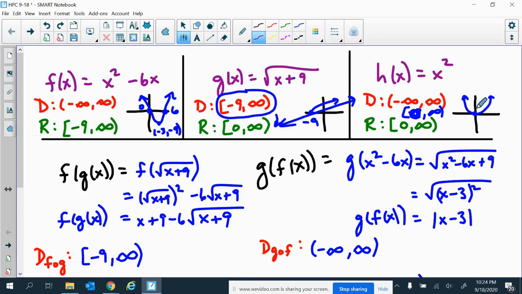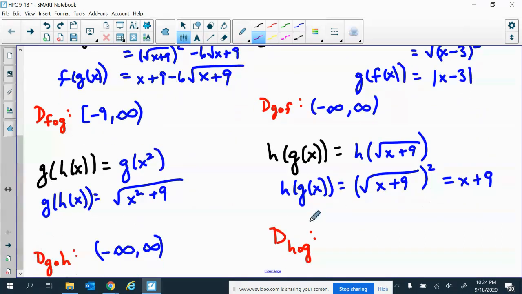So when I look at what's happening, I end up with only the right side of the parabola. Only the right side of the parabola if I substitute these things in, which means that I'm still stuck with only negative 9 to infinity as my domain. And that's kind of important to keep in mind.